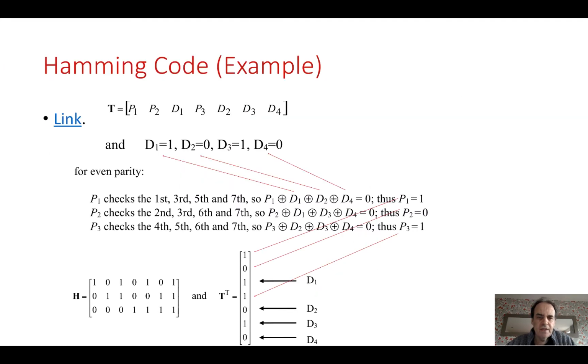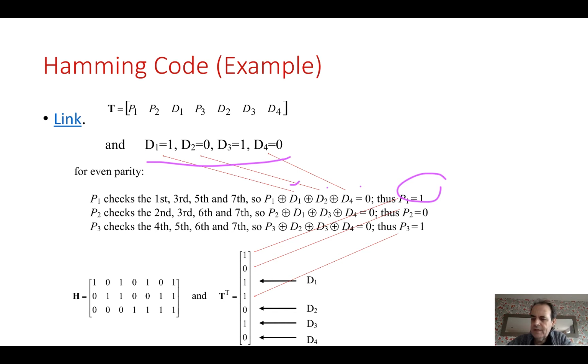Okay, so if we take an example, so this is an example here where we have some data 1010. Okay, so we can calculate the first parity bit. Okay, so that's going to be checking for the first, second and fourth digit, so it becomes a 1.